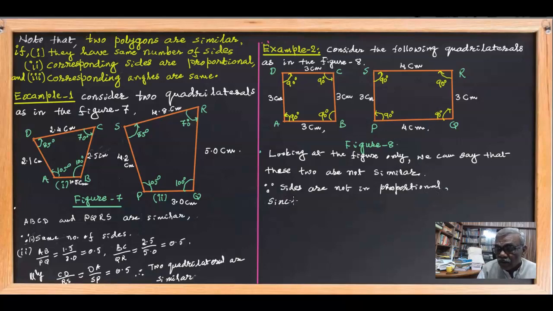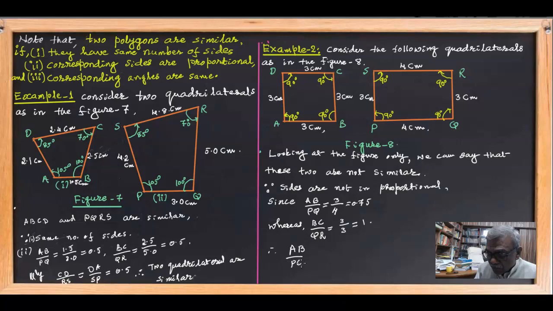Since AB by PQ equals 3 by 4, that is 0.75, whereas BC by QR equals 3 by 3, that is 1, therefore AB by PQ is not equal to BC by QR, and hence they are not similar.